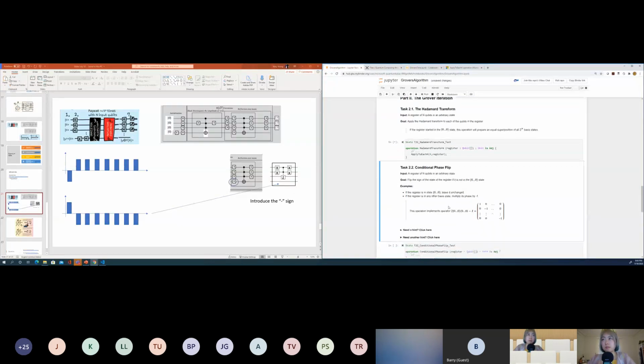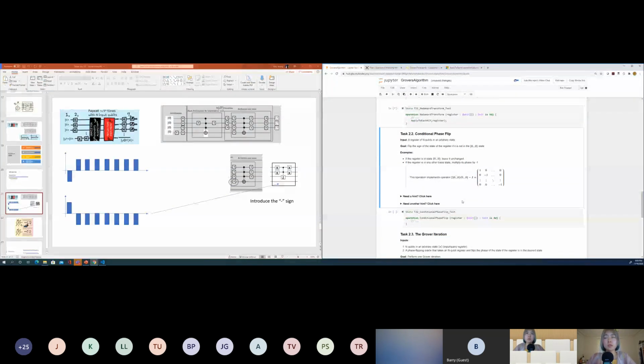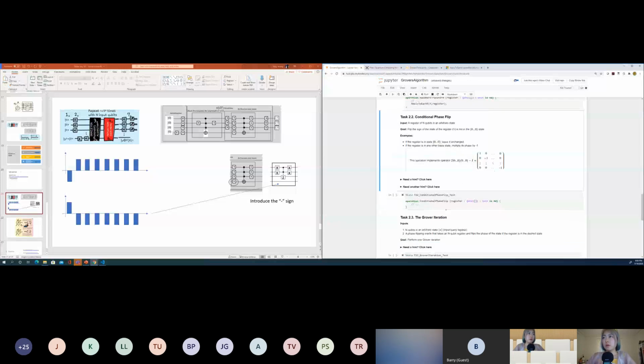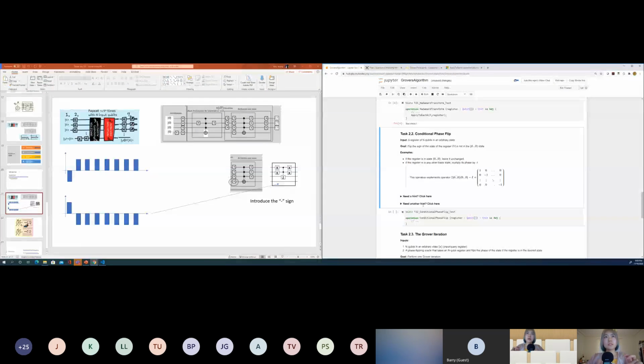The next part is fun. I also learned about this part from the katas, because earlier I didn't realize this, and it is really cool: there are actually many ways you can introduce the minus sign.